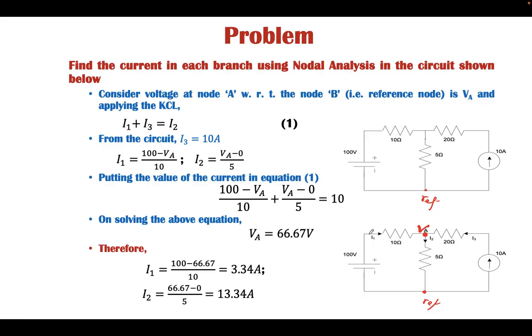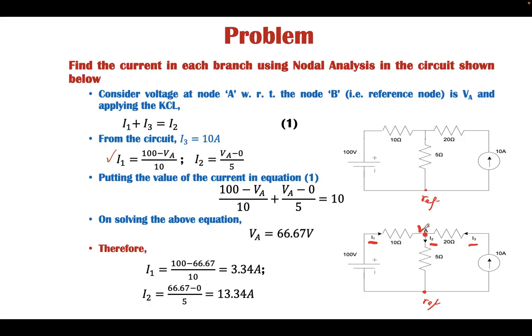The current in this branch is taken as I1, the current in this branch as I2, and the current in this branch as I3. I1 can be calculated as the potential difference divided by resistance. The potential difference across the 10 ohm resistance is 100 minus VA, divided by 10, which gives I1 through the 10 ohm resistance.